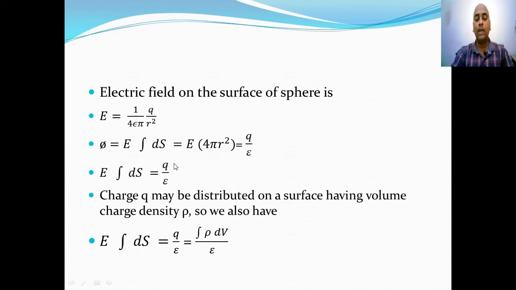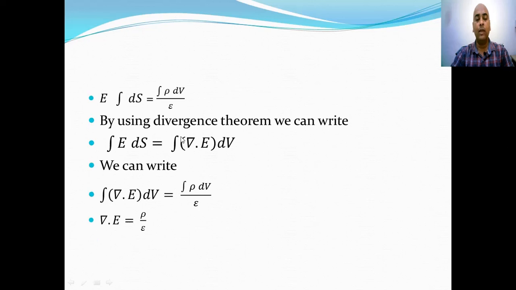So the total charge q can be evaluated by integration of rho over the volume dv. So from these two equations we also obtain that the integration of E over the surface ds is equal to the integration of rho dv by epsilon naught.